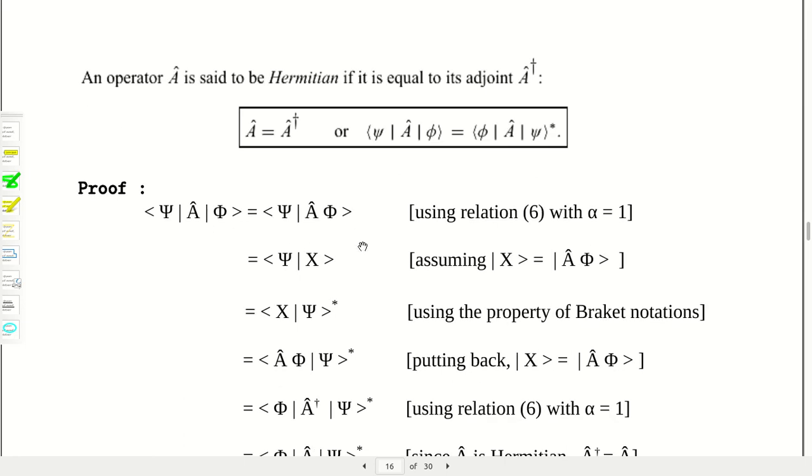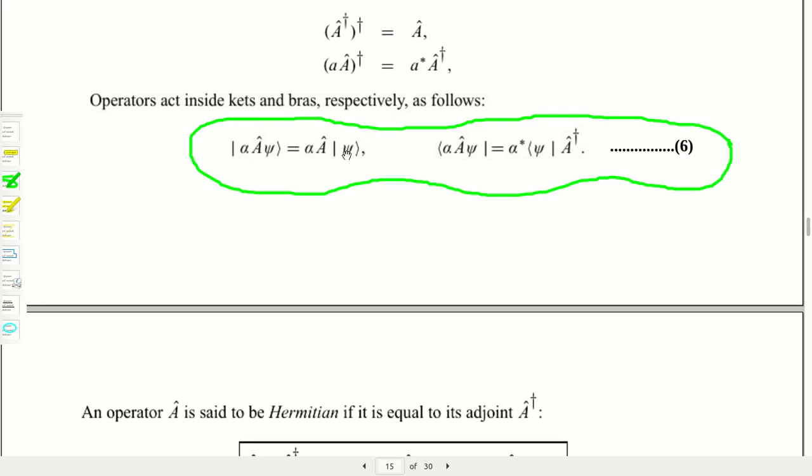It can be proved like this. Start from the left-hand side, ⟨ψ|a|φ⟩. Here a φ is nothing but another ket. For example, a operating on a ket, say α = 1, will give you another ket. Within the ket you can write the operator a, so the ket a ψ is equal to the operator a operating on the ket ψ.